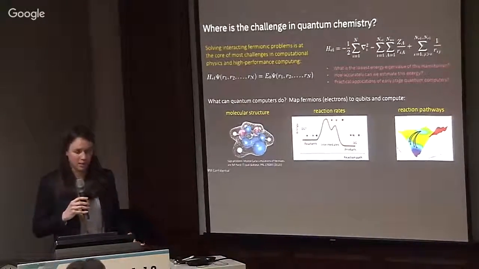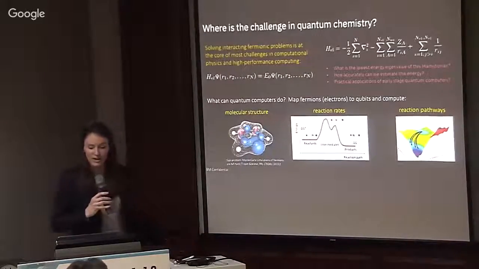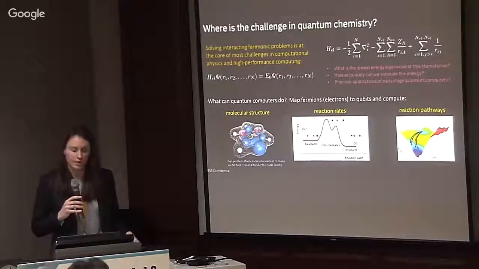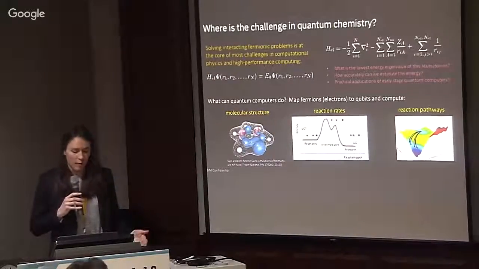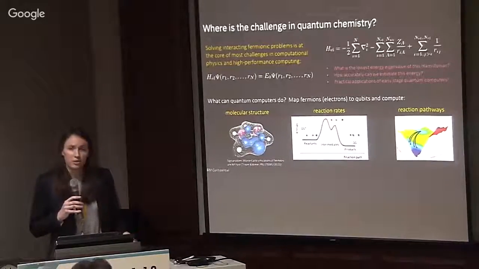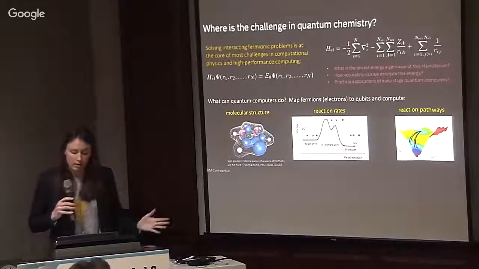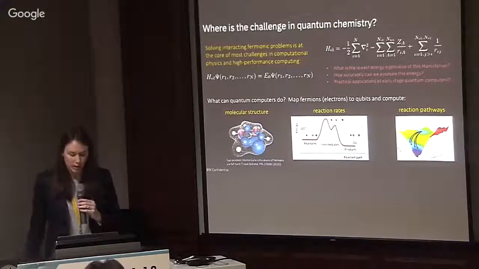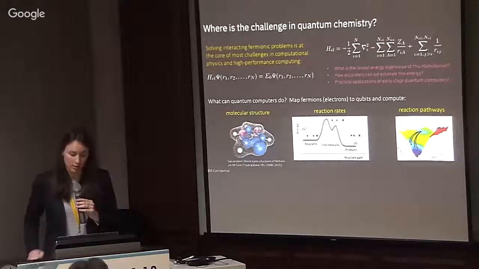And then once you've mapped it onto qubits, you can encode this on a quantum computer, and you can make estimates of things like the ground state energy or excited state energies, which is important because in applications, you'd want to know what is the lowest energy configuration of a molecule, what are different reaction pathways, etc. So these things are of widespread interest, and we'd like to know, can we get something meaningful with a quantum computer in this area?